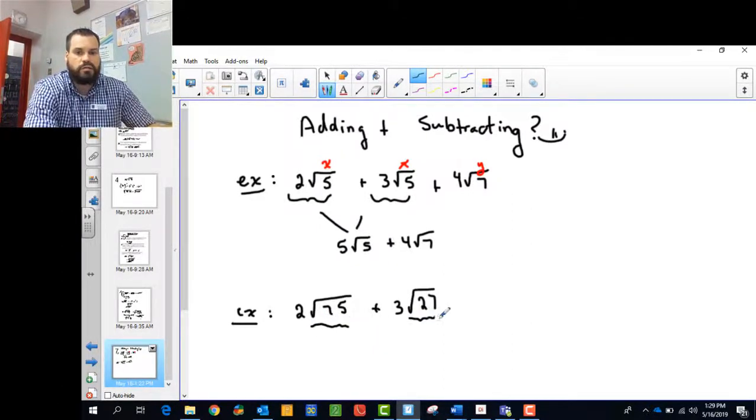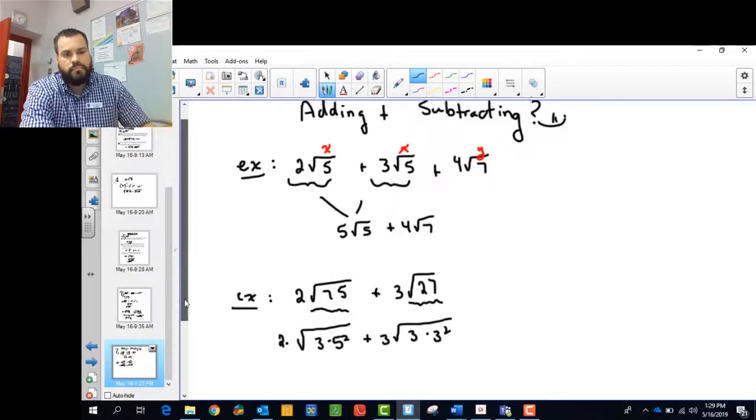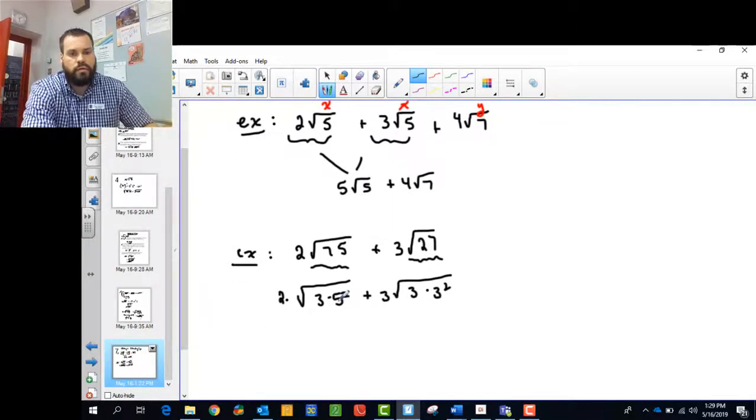But before you make that determination, you have to simplify these entire radicals as much as you can by making them into mixed radicals. So if you remember from the previous video, we have to write 75 as 3 times 5 squared, and 27 is 3 times 3 squared, 3 times 9. And then I remove those bases and make it 2 times 5 root 3, and this becomes 3 times 3 root 3.